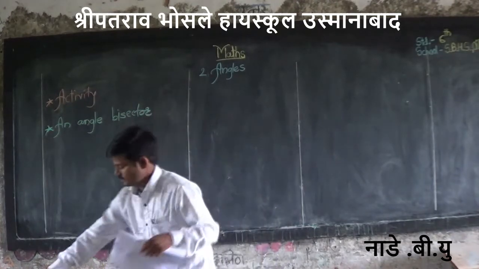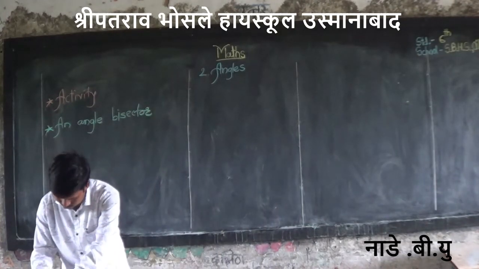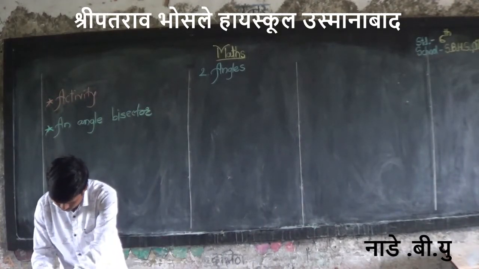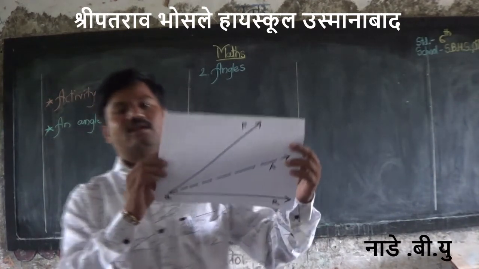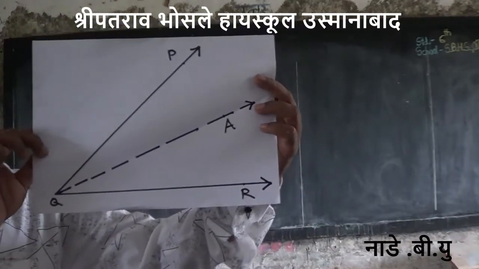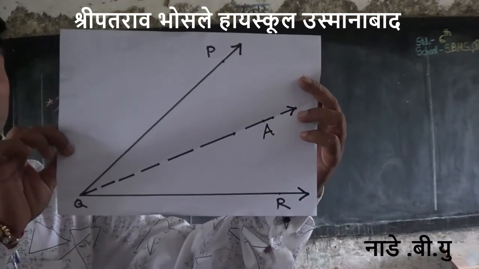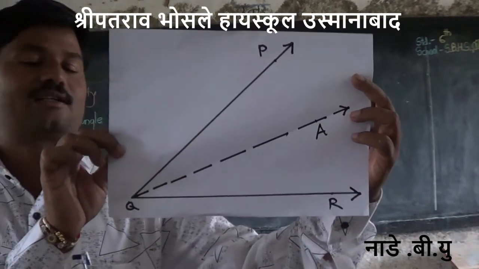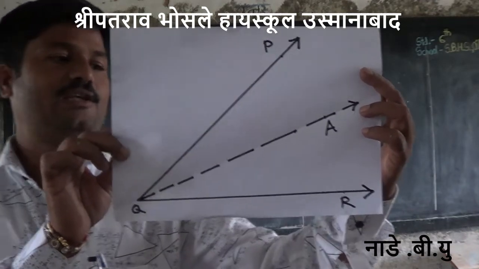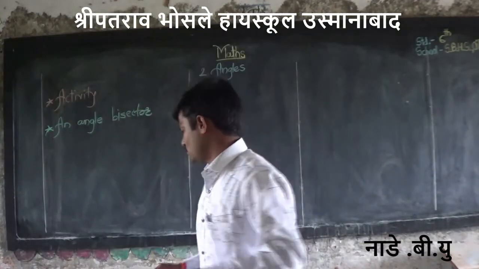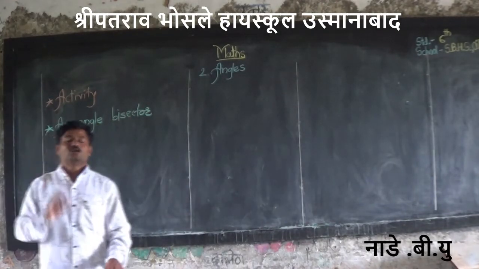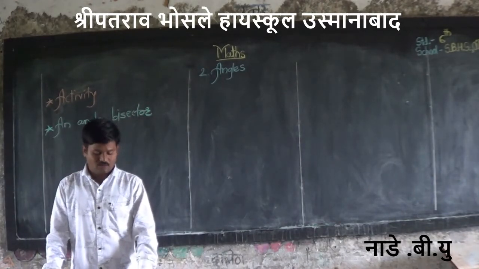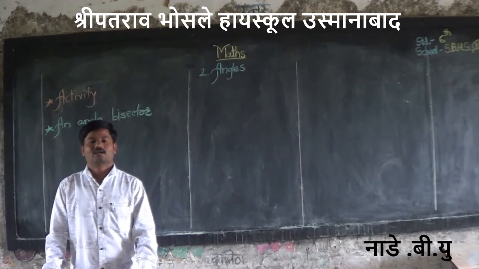If we give the name A, then side QA is the angle bisector of angle PQR. Because of the angle bisector, we get two equal parts of the angle.